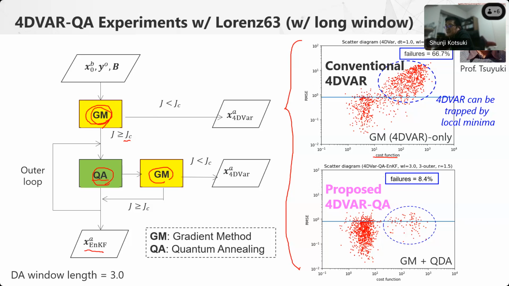But by using quantum annealing, this kind of issue of being trapped by local minima can be greatly solved, and we can obtain a more stable solution with smaller cost function and smaller root mean square error. That's the idea of extending quantum annealing for 4D-Var.